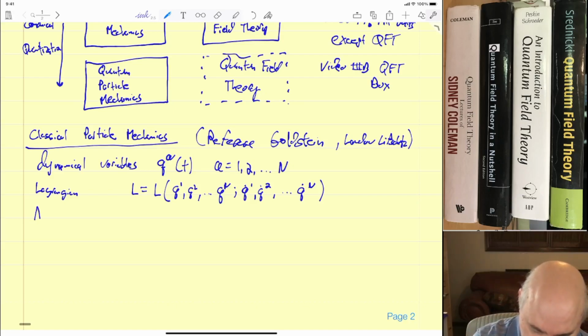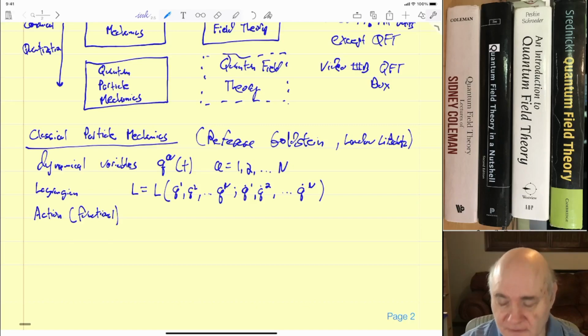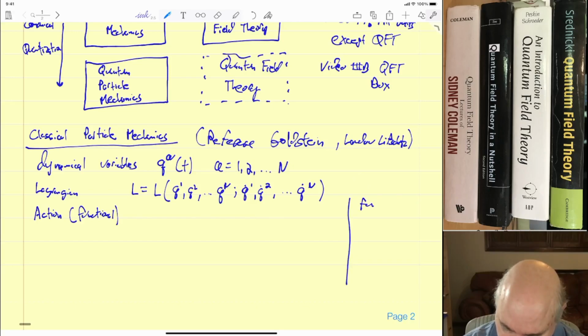Our action, which is a functional, and later in this course we'll talk about functionals. Just briefly, a function maps, let's say, a real variable x, or let's say a complex variable x, into another complex variable.